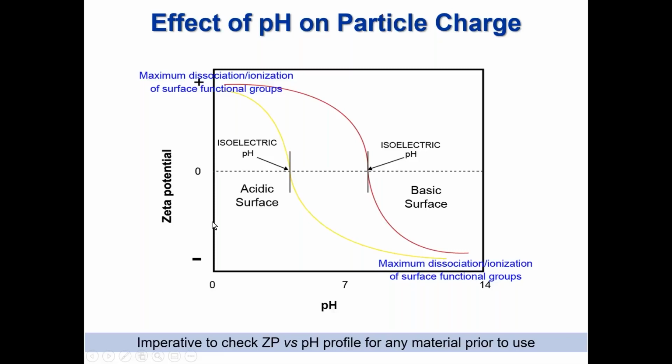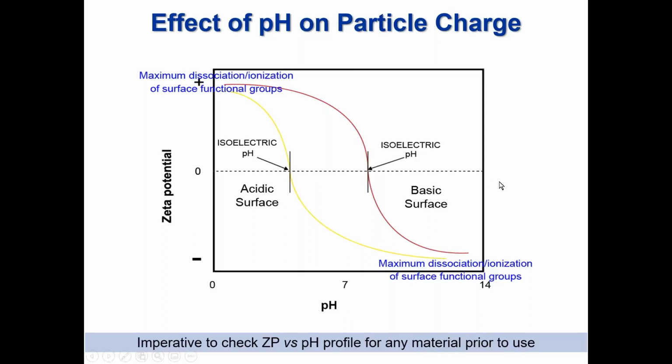Conversely, a low Zeta potential, somewhere between 0 and possibly plus 5 millivolts, will often result in aggregation. As we will see, the surface charge of many materials, especially metal oxides, is very sensitive to solution pH, and a key to their dispersion behavior is the isoelectric point, the pH at which the Zeta potential is 0, as we can see from this schematic.